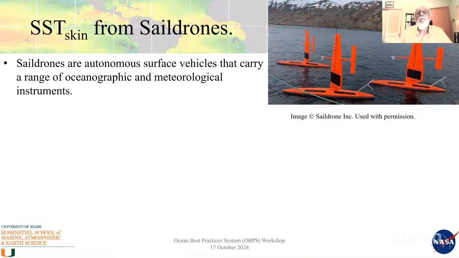So, Andy has already shown the sail drones. These are the 2 that went into the Arctic in 2019. This is as they were deployed in Dutch Harbor in Alaska. And they're 7 meters long, and the mast is 4.5 meters above the waterline, and beneath the hull is a keel which extends to about 2 meters depth.